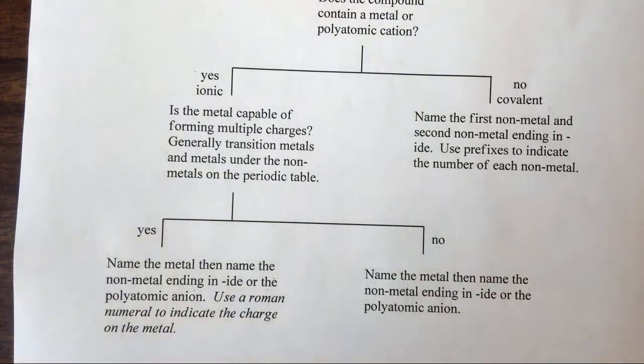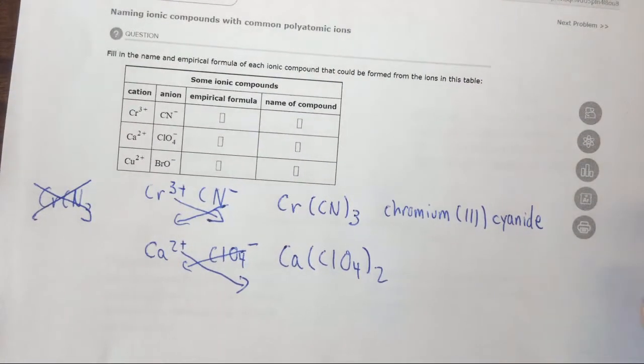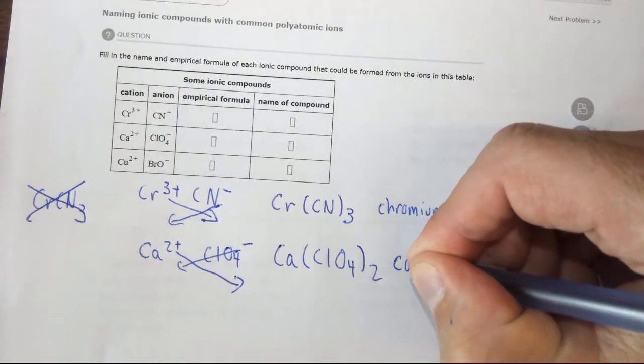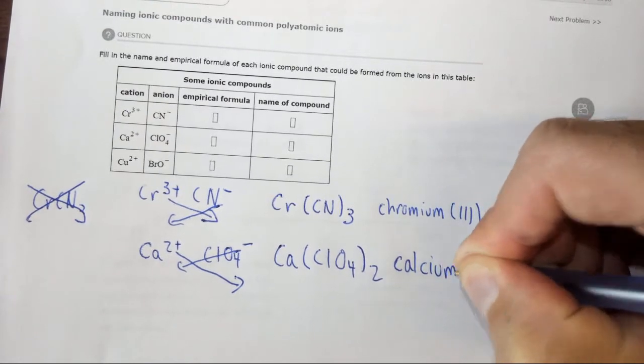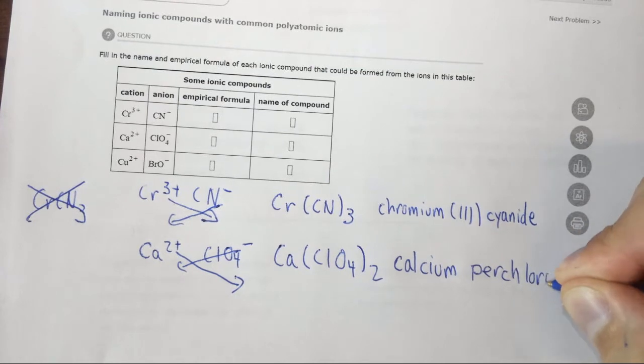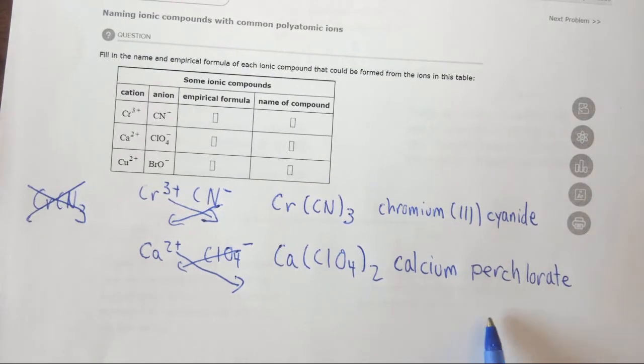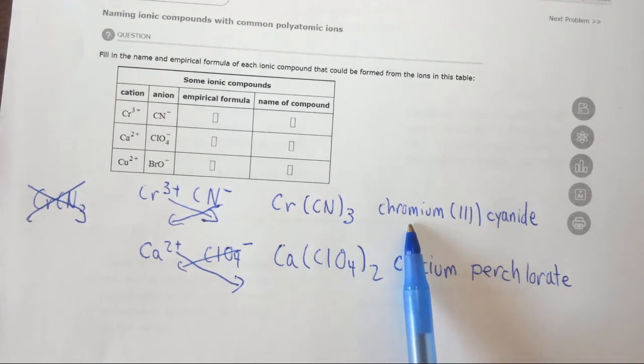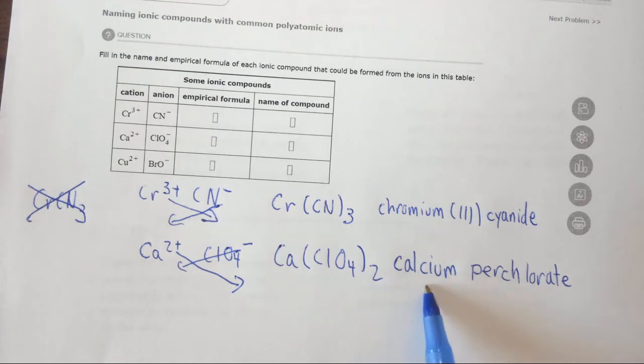In this case, we have a polyatomic anion perchlorate, so we want to call this calcium perchlorate. And it's very important that we don't put the Roman numeral here. In fact, it would be incorrect to put the Roman numeral here. So since we have a metal that can form multiple charges, we do need it there, and we do not want it here.